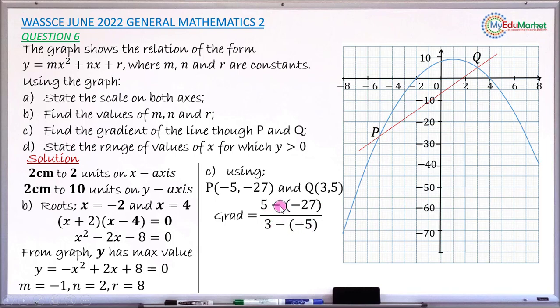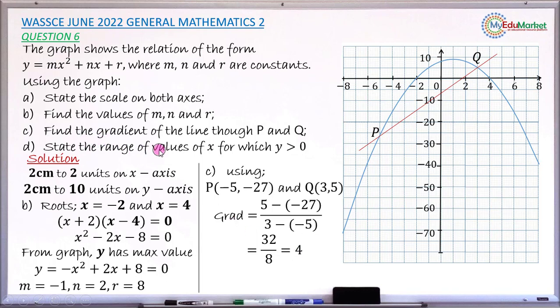Expanding this very bracket, minus changes to plus, so you have 5 plus 27, while minus changes to plus, you have 3 plus 5, and this gives you 32 divided by 8, and when you divide 32 by 8, you now have 4. So the gradient of this line that passes through P and Q is now equal to 4. That answered question number C.